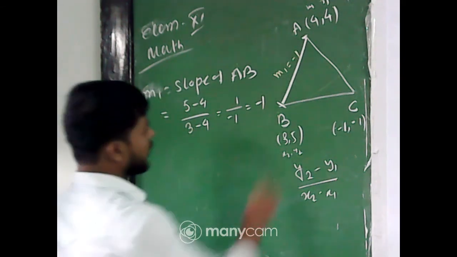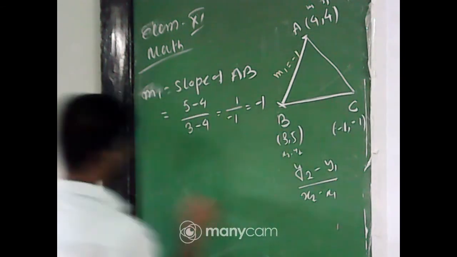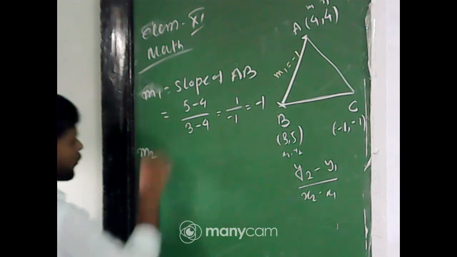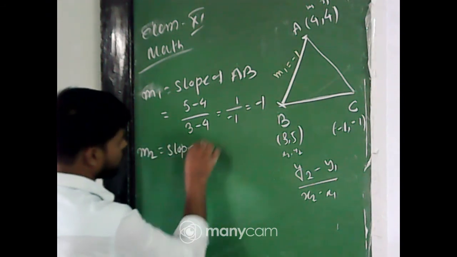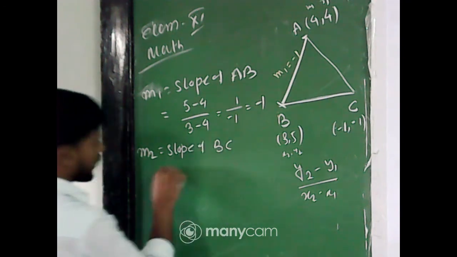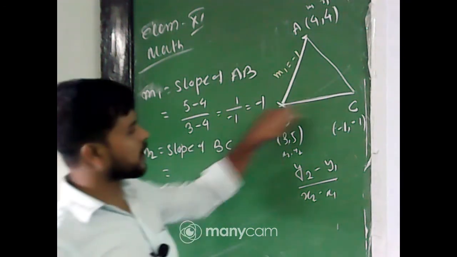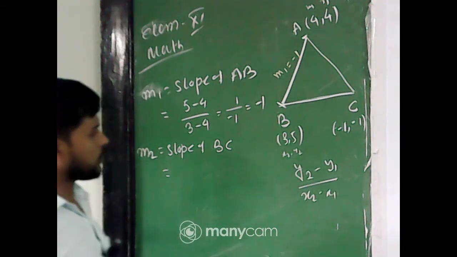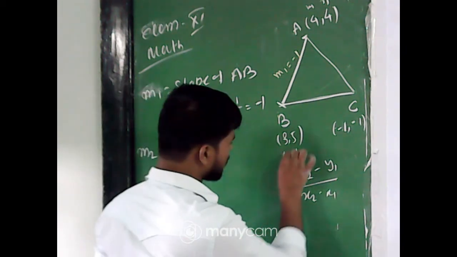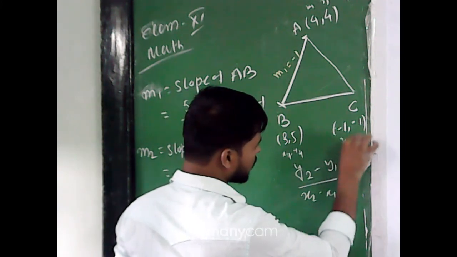Now find the slope of BC. Let the slope of BC be m2. Can you tell me what will be the slope of the line BC if we apply this formula? Consider this is (x1, y1) and this is (x2, y2).